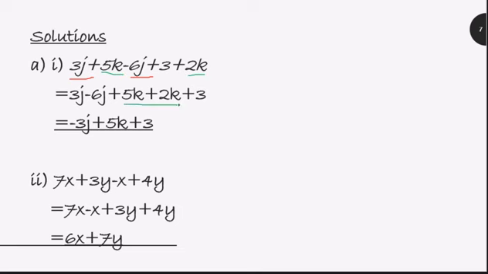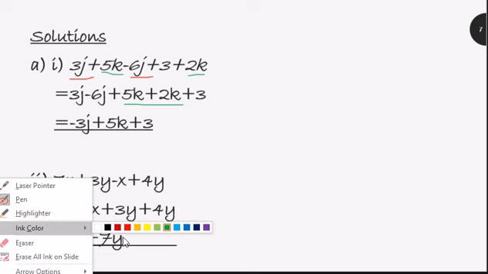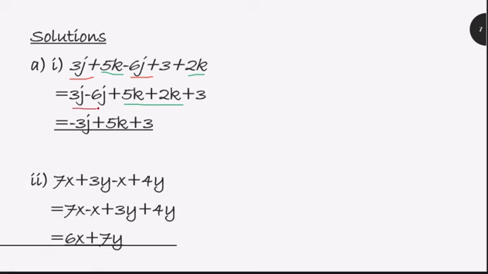You put the k's together, the j's together as well, and the constant 3 at the end. You add and subtract these in the manner they are given, and at the end of the day you will get negative 3j plus 5k plus 3. That is our answer.